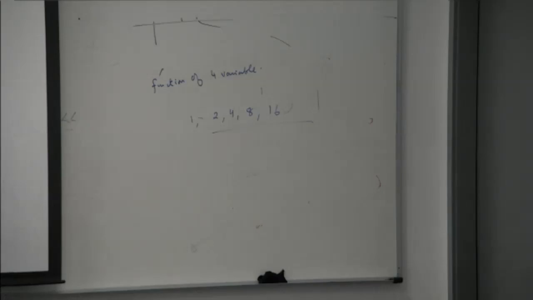Now if you look at all these groups, it's a group of what? 4. 1, 2, 3 and 4. Got it? This is adjacent to this, this one is adjacent to this, and this one is adjacent. So now we have a rectangle. It's a group of 4.